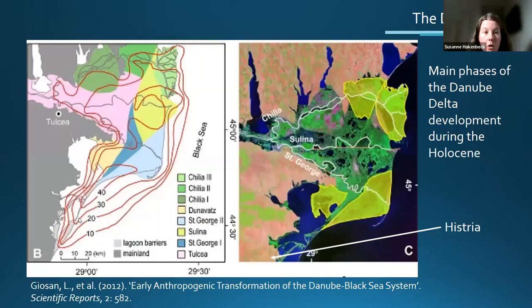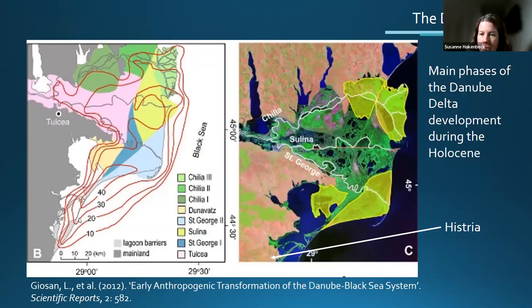Romanian colleagues, Romanian geologists, that is, have done a lot of work on the delta formation. Here you can see an image of different episodes of delta formation. If we take a look at the image on the left, you have to read the legend from bottom to top. The green arms, the three Kilia arms, are the ones that are most recent.